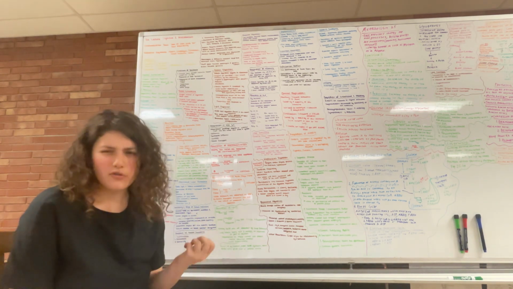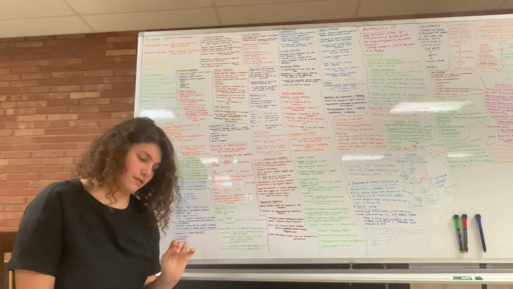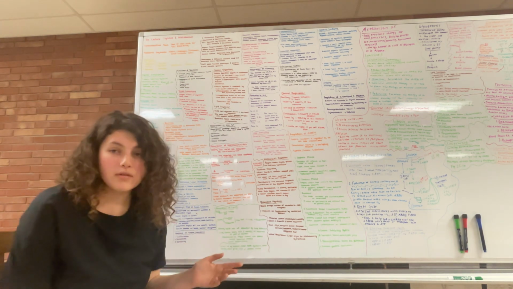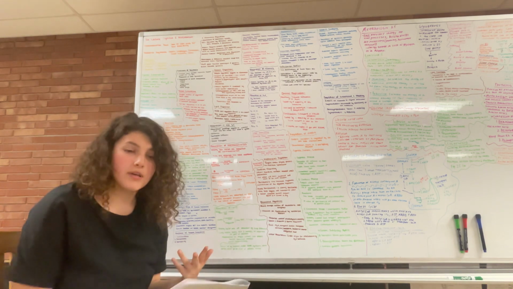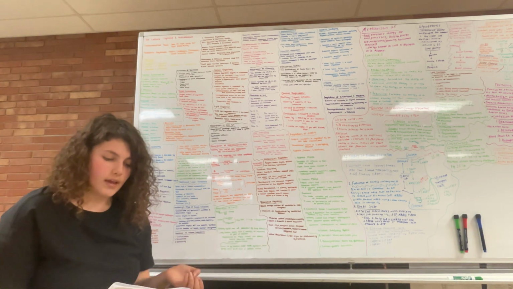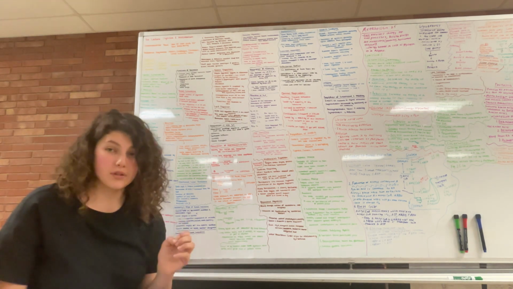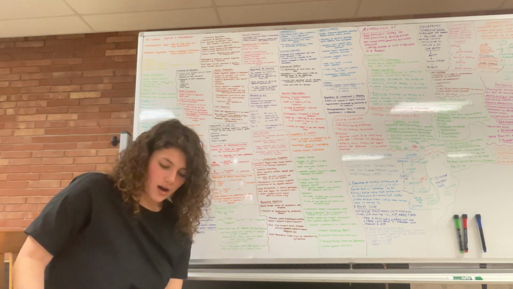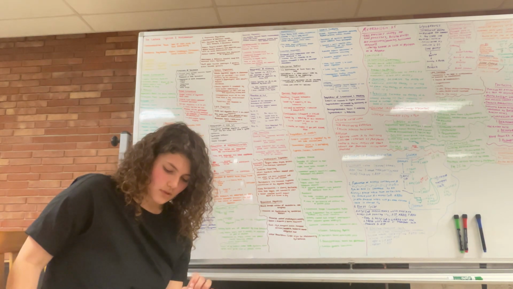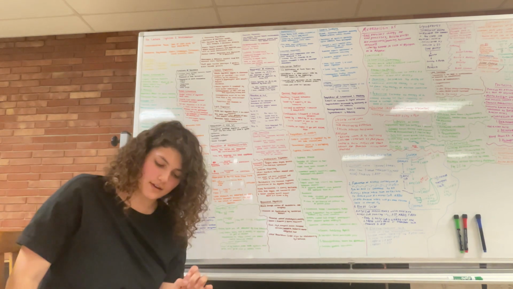Gastric juice makes up 2 liters of fluid. Pancreatic juice makes up 2 liters of fluid. Bile makes about 1 liter of fluid. And intestinal juice is also 1 liter of fluid. And then the small intestine is 8.3 liters of fluid. So there's a lot of fluid in your small intestine. And the large intestine itself makes up 0.9 liters.